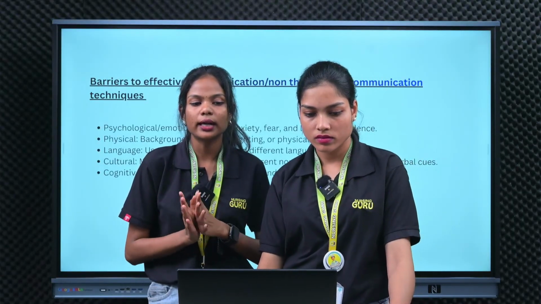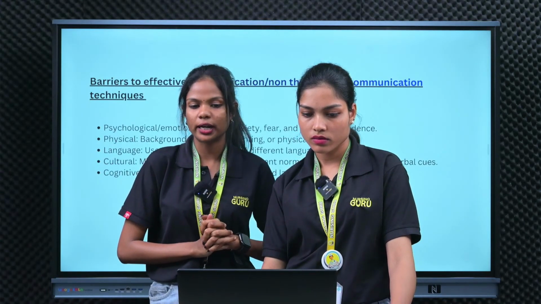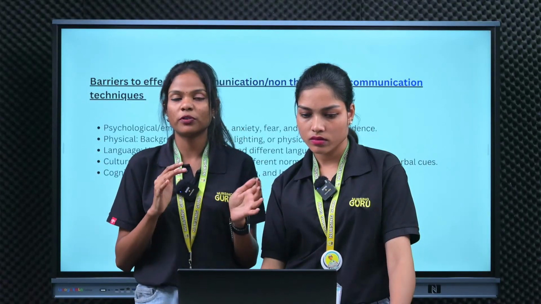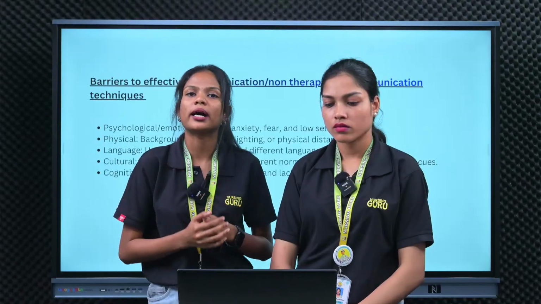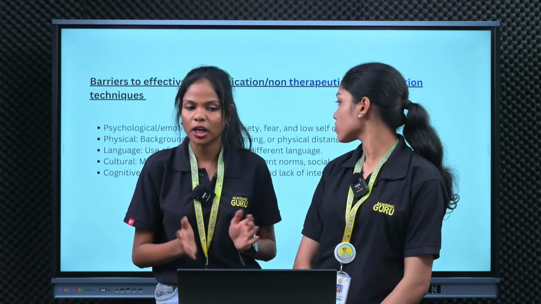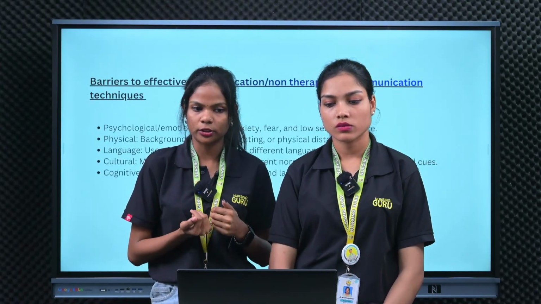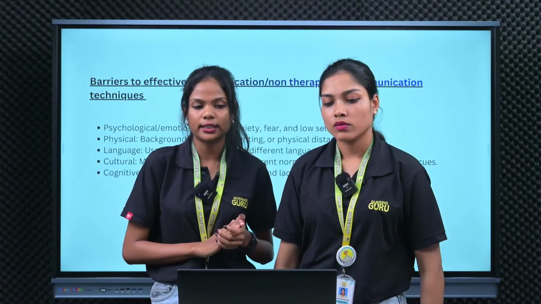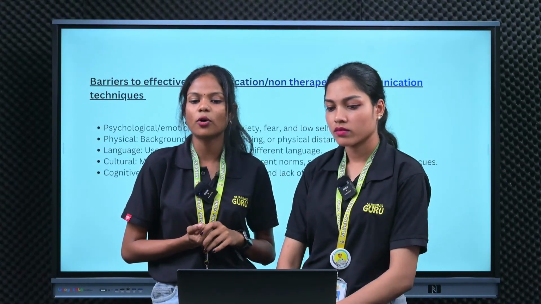The next one is language. Language means use of jargon and different languages. Jargon means professionals using words that are difficult for others to understand. Jargon and different languages affect proper communication. The next one is cultural. Cultural means misunderstandings due to different norms, social status and non-verbal cues.